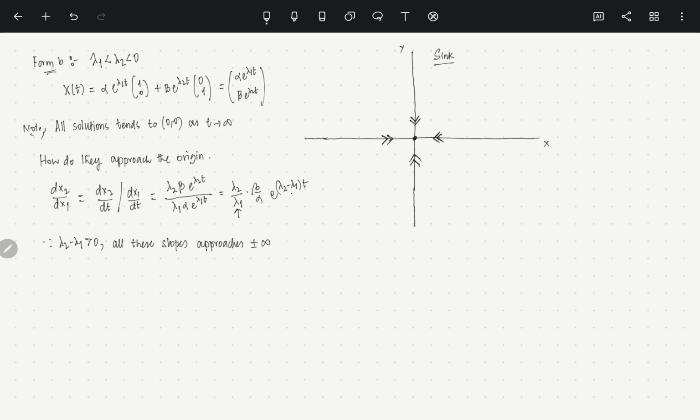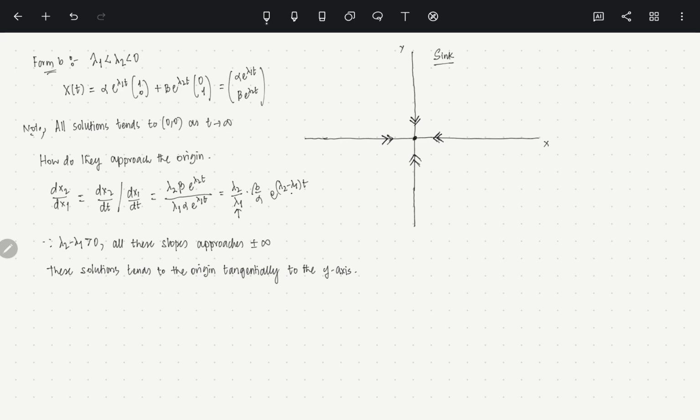If you look at these solutions, they tend to the origin tangentially to the y-axis. So essentially what it is saying is that it is tangential to the y-axis.